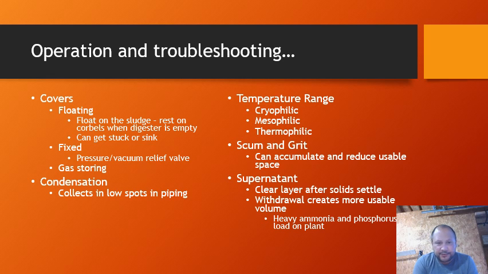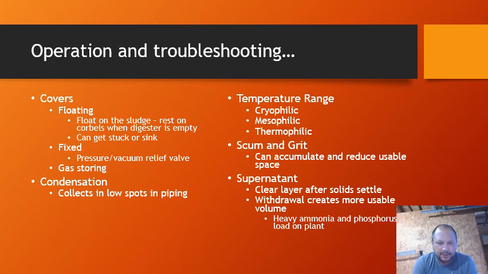Another operational consideration of anaerobic digesters to be aware of is condensation. These digesters are producing methane gas, so you have a relatively warm, remember we're trying to heat these around 95 to 96 degrees, relatively moist or humid gas traveling through piping that, when it goes outside the digester, is surrounded by air that's much colder.